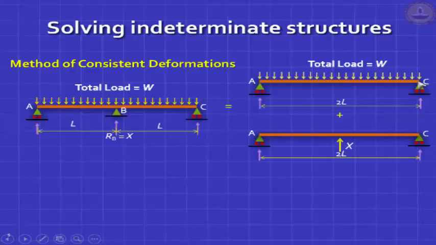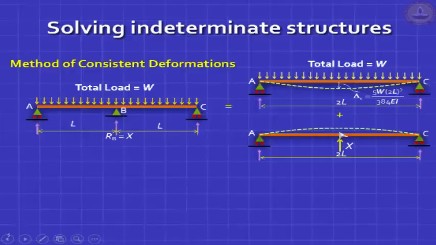This beam is going to deflect by sagging, and this is going to hog, but the controlling condition, the compatibility condition, is that the support at B ensures there will be no deflection. We already know the formulas, and we'll derive them later: this deflection is 5W by 384, but here if you treat this as L, you should put 2L the whole cubed.